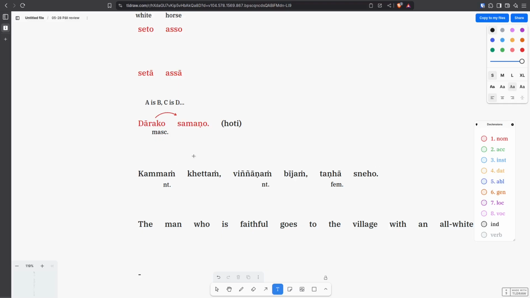And so here, this is a statement of three things. Kammaṃ khettaṃ, there's an implied hoti, so that kamma, an action, is the field. Kammaṃ khettaṃ. Action is the field. Viññāṇaṃ bījaṃ. Consciousness is the seed.